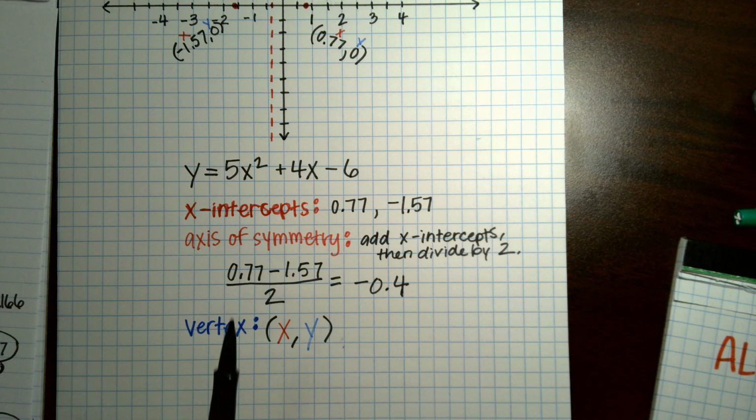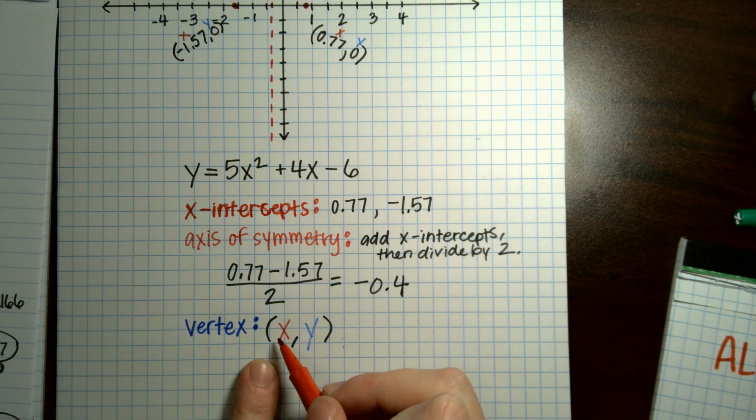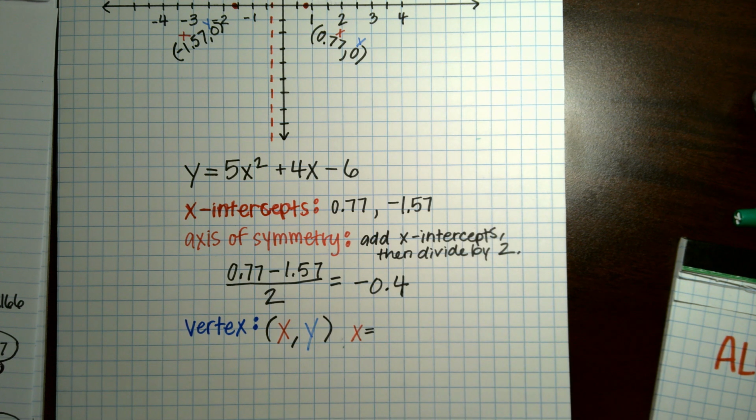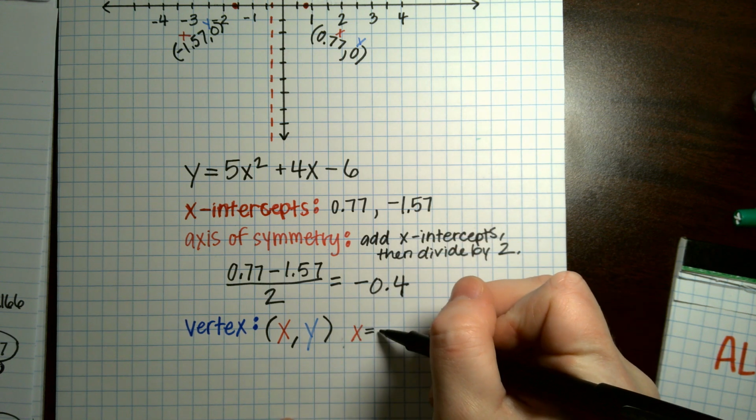So the x in our vertex is the axis of symmetry.